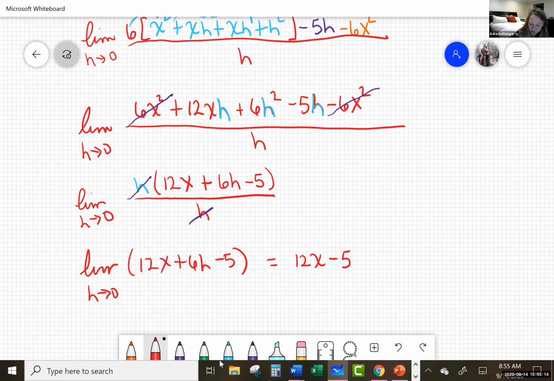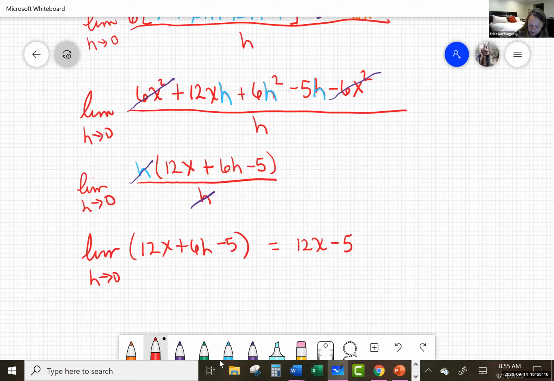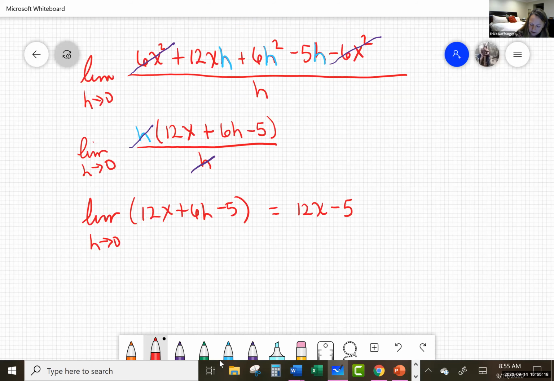So we just found the derivative. f prime of x is, it's just 12x minus 5. And I apologize, that's not f, it was g. Remember we called it g at the beginning? So this is actually g prime of x.